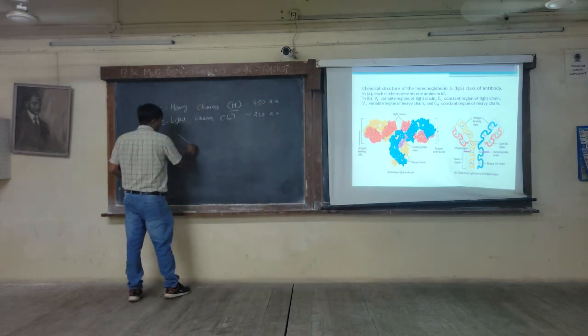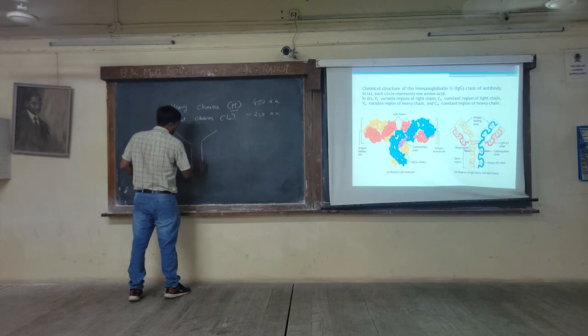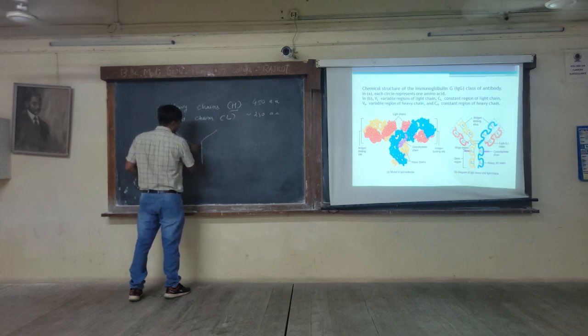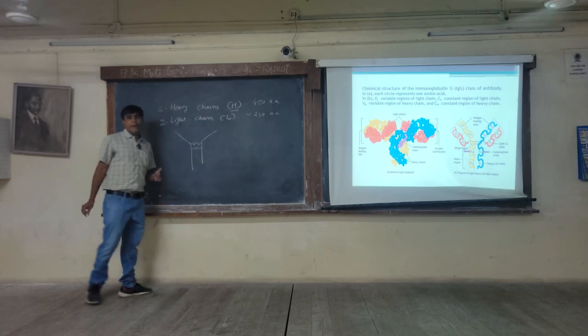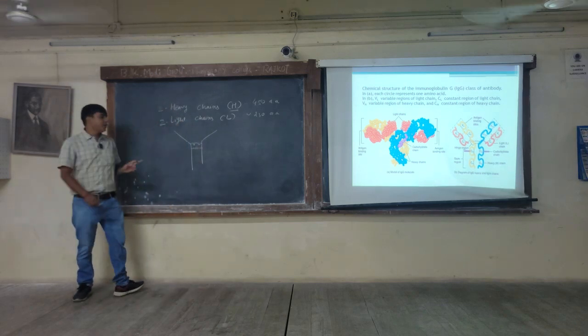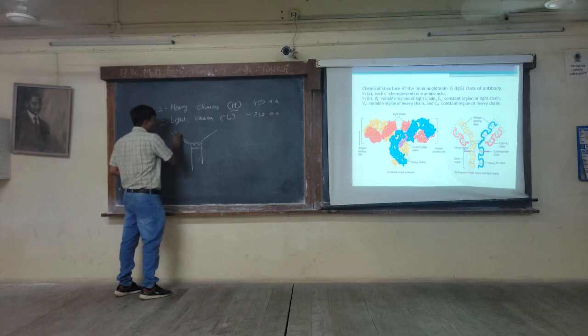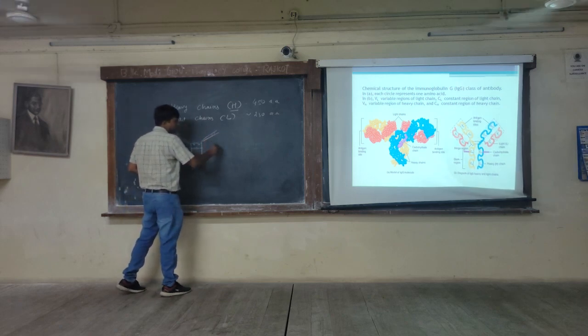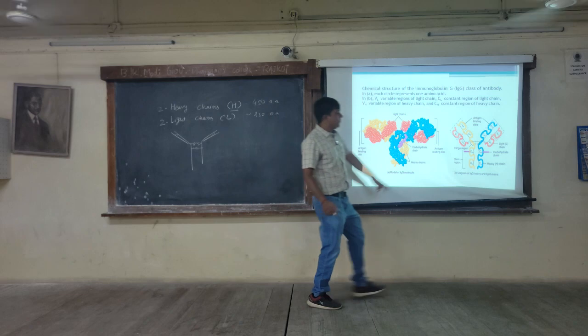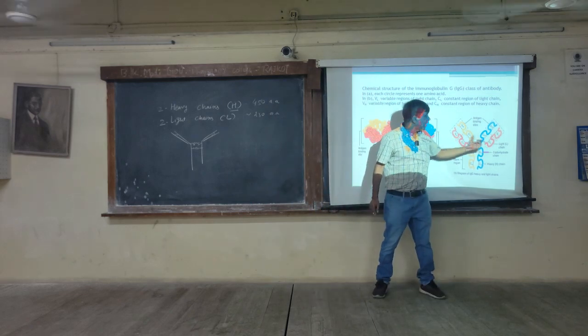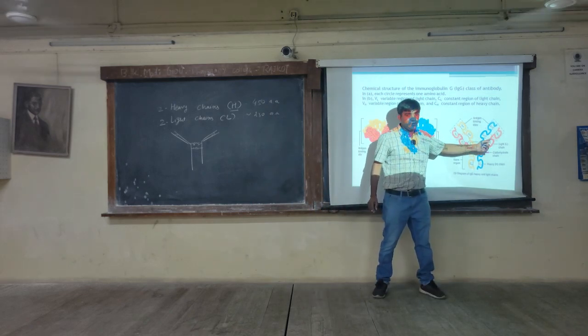Now, light chains are attached to heavy chains through disulfide bond, as shown over here. These are the light chains. They are attached to the heavy chain.